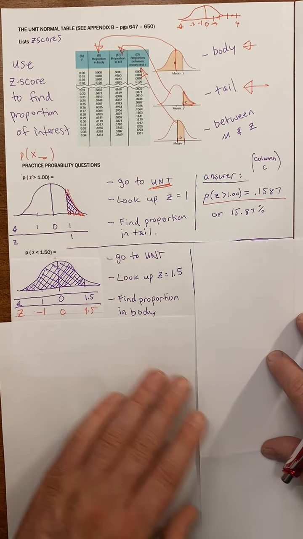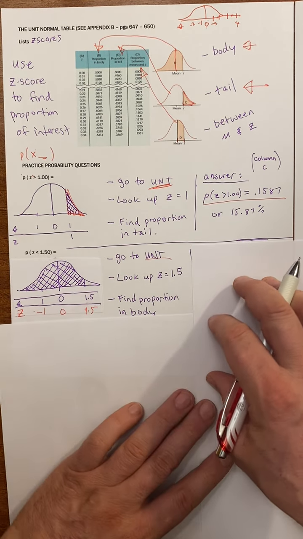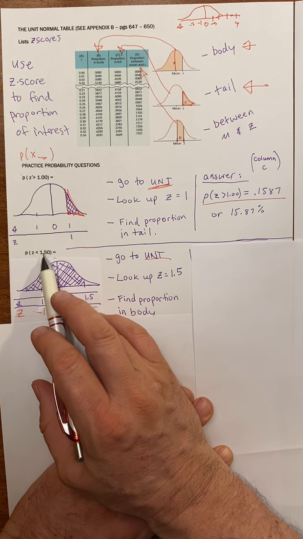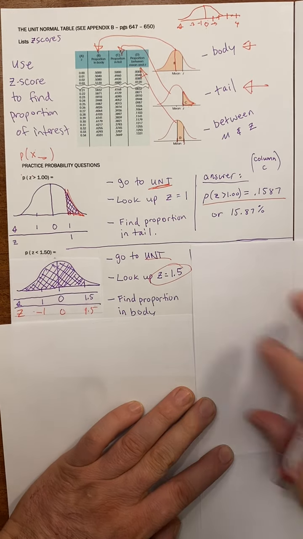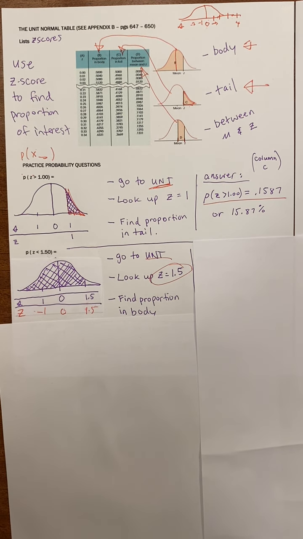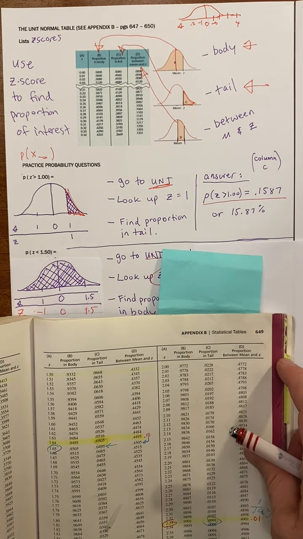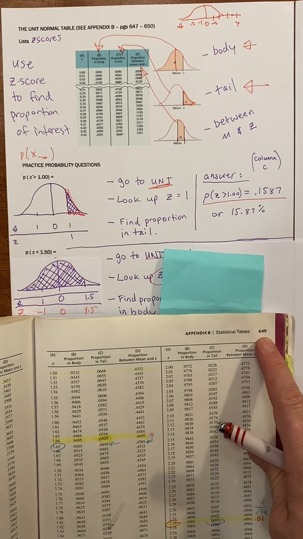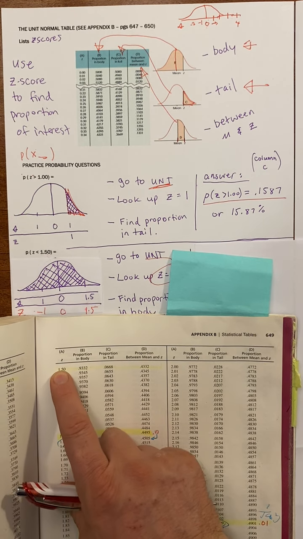Remember, the first thing that you're going to do is go to your unit normal table, and because we're talking about the z of 1.5, that's where you're going to go to look up your values. And so I'll go ahead and get our textbook to do that. Here we are now on page 649, and I'm over here because that's where our z value is in our table, right?